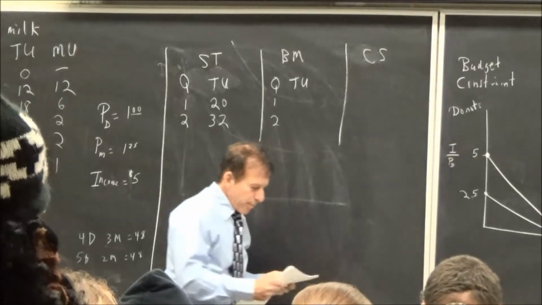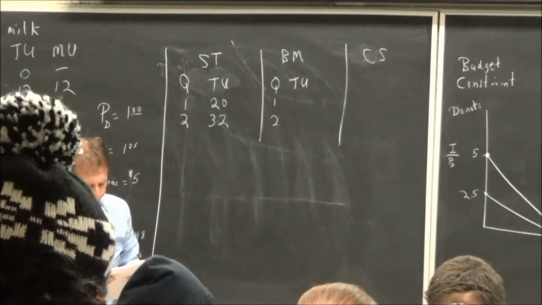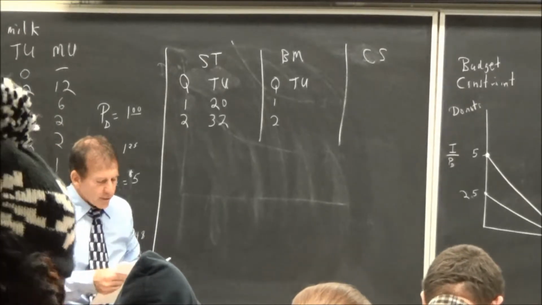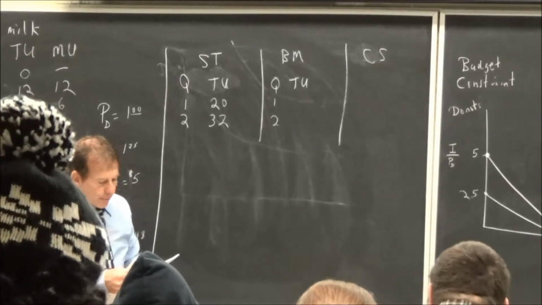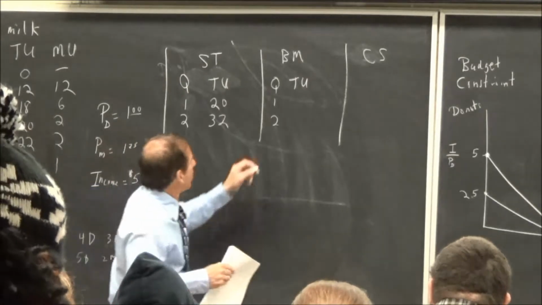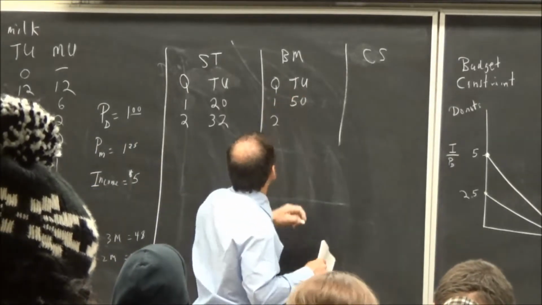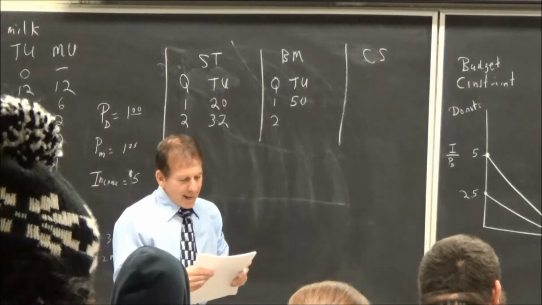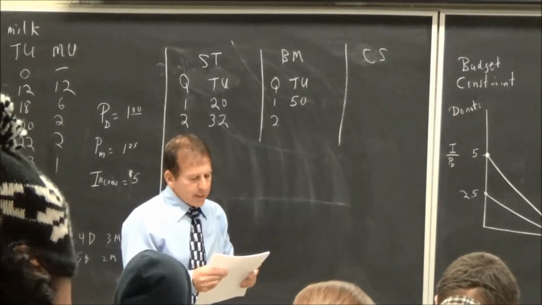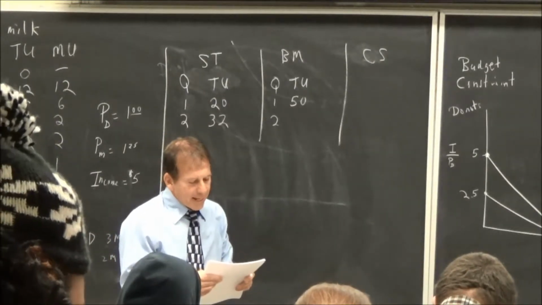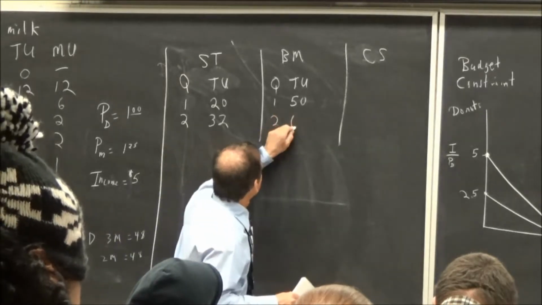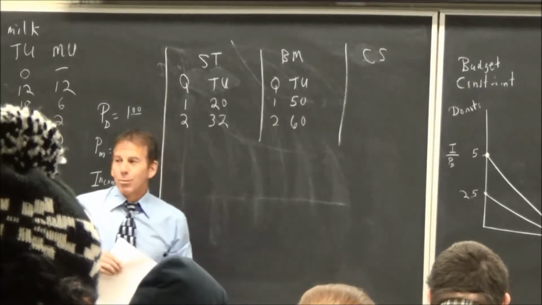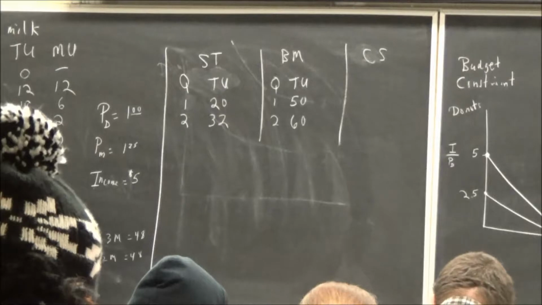For Big Macs, he says he gets 50 units of utility when he purchases a Big Mac. This guy likes Big Macs, right? And then his second Big Mac brings him 60 units of utility. So he likes them, but he doesn't like the second one as much as the first one.